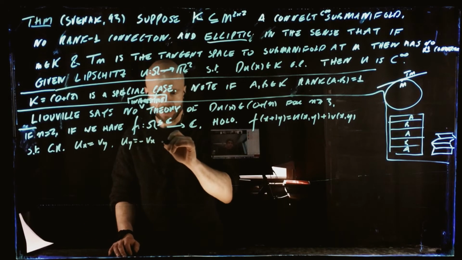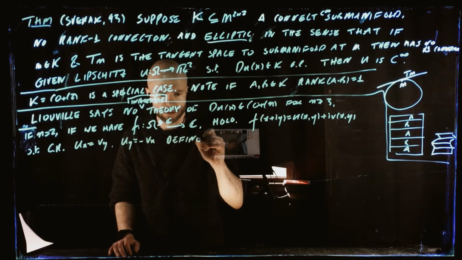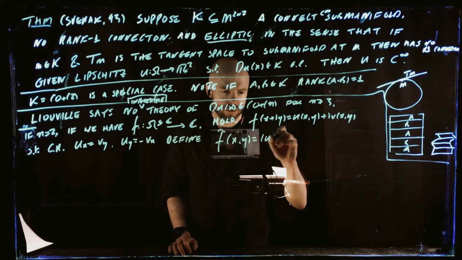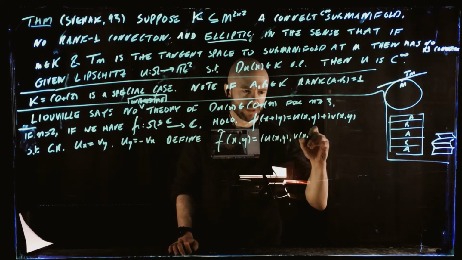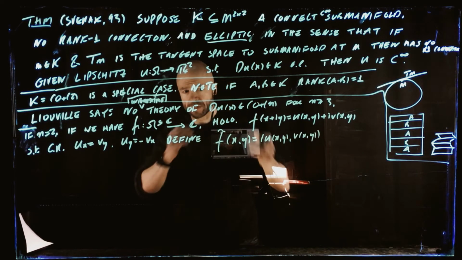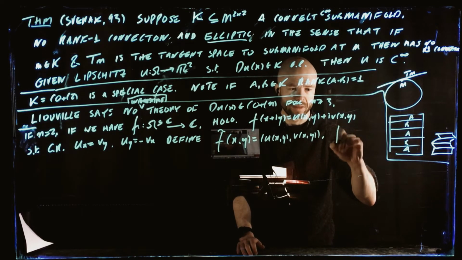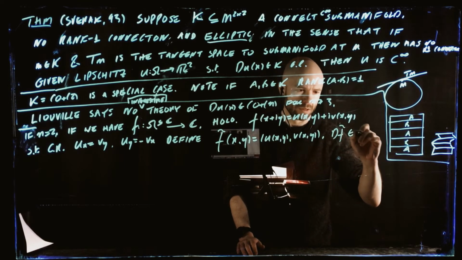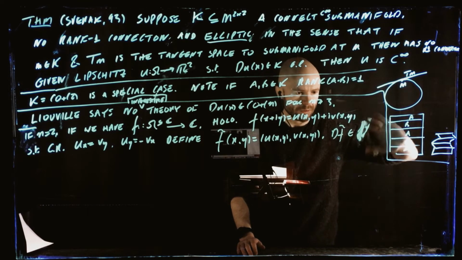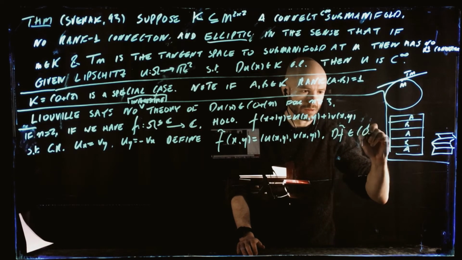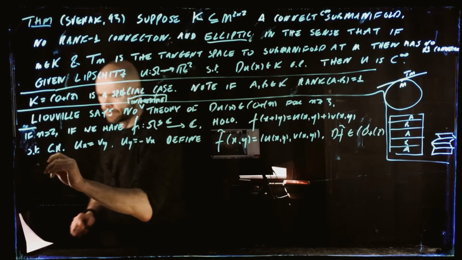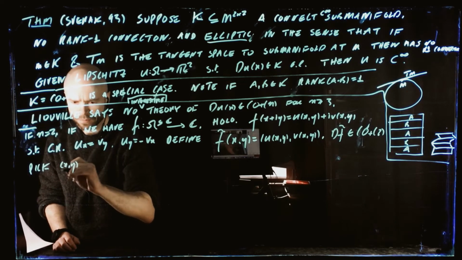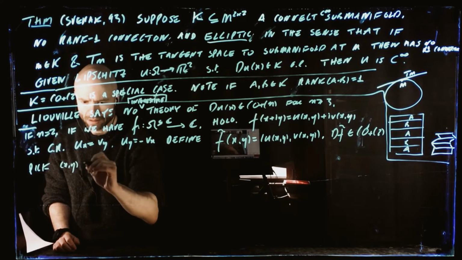So define f tilde of x, y to be u of x, y, v of x, y. In other words, we turn this function from the complex numbers to a function from R2 to R2. Then this thing satisfies this differential inclusion once again, belongs to the conformal matrices 2 by 2. So pick any x, y inside our new region.